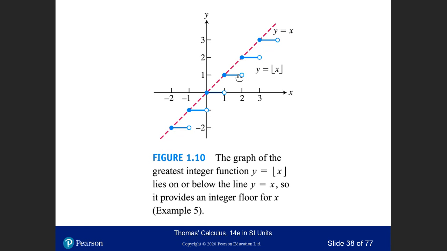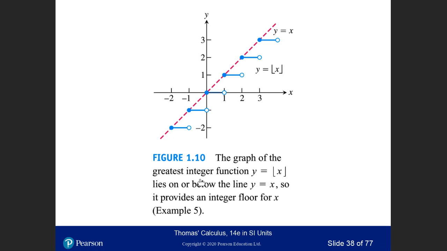And it continues like that until at 2 it jumps here, because now 2 is the greatest integer for any values of x greater than or equal to 2. And so that's how you draw this. And that's also called the integer floor function.